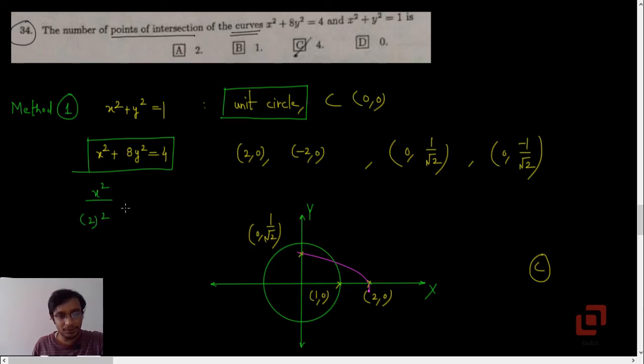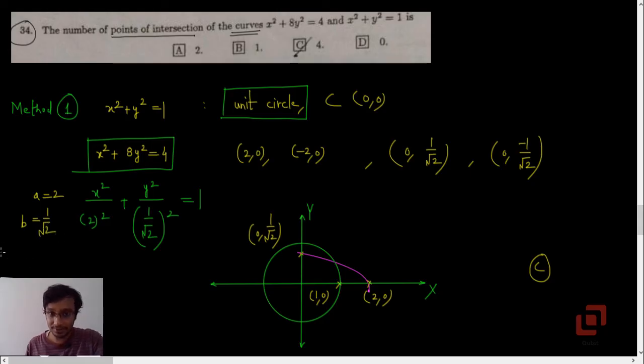X squared by 4 plus, now you will get 2y squared, right? Or y squared upon 1 by root 2 squared equal to 1. So in usual notations, a is 2 and b is 1 upon root 2. So because a is greater than b, it is a horizontal ellipse.